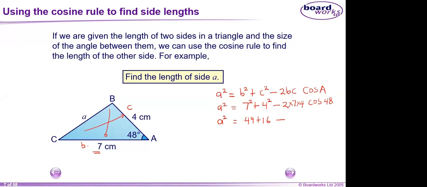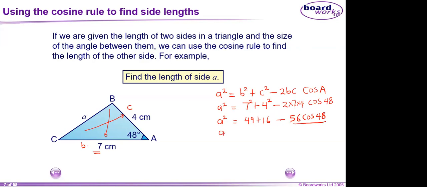Minus 2 times 7 times 4, that is 56 times cos of 48. Now, I want to let you know, members, the 56 and the cos 48, these two things are attached. Never be tempted to subtract.